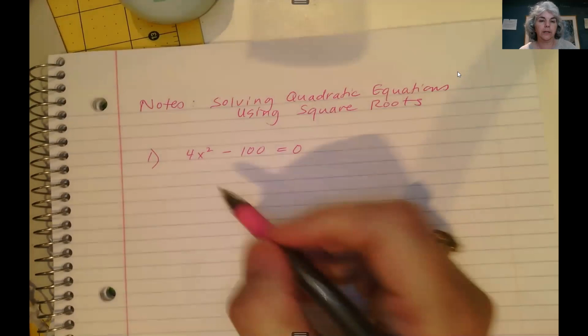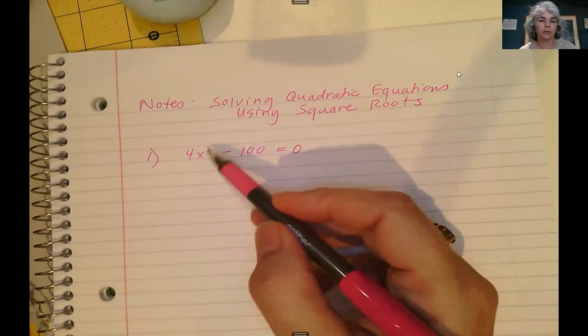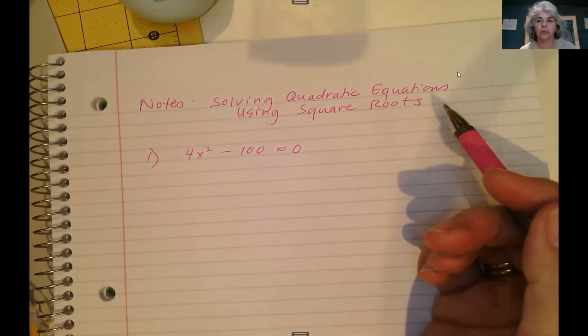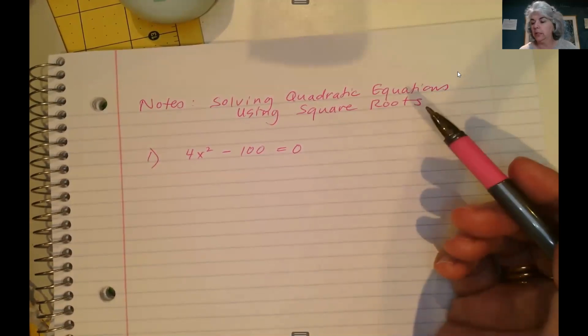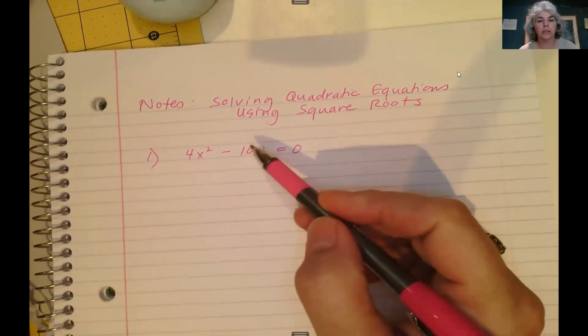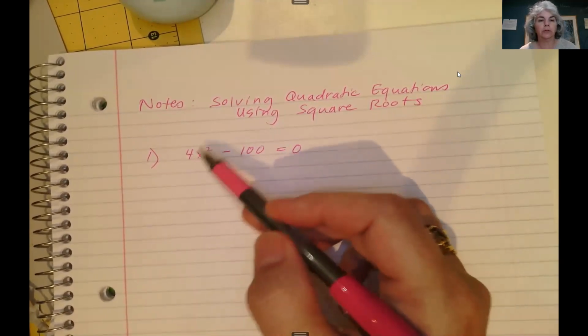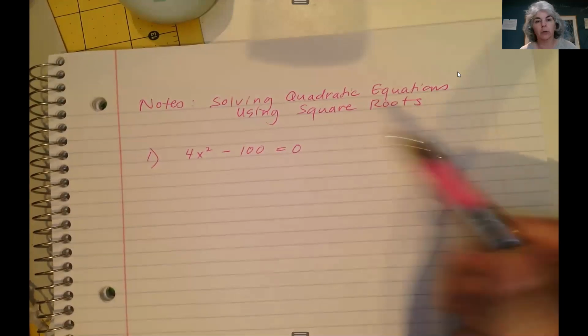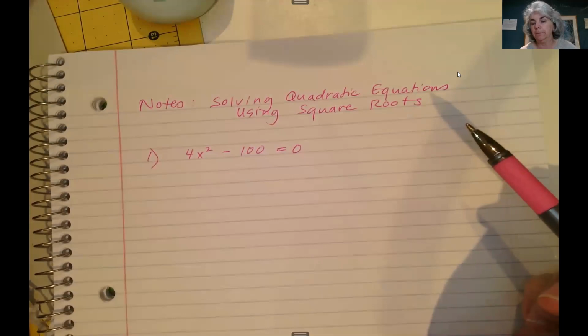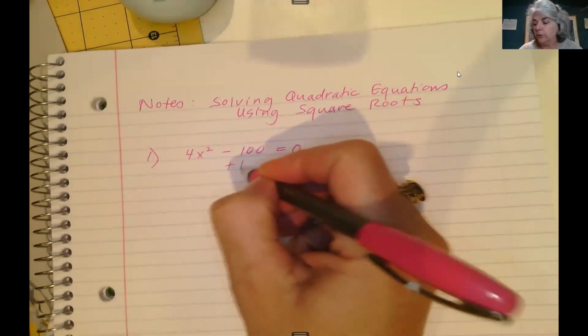Okay, this is in standard form. It's got the squared term, the x term is missing, but we're going to solve it using those steps that we went over. So we want to isolate the squared term. To do that, I need to undo this minus, and I need to undo the multiplication. I'm going to work from the outside toward the variable that I want to isolate. So I'm going to add 100 to both sides.